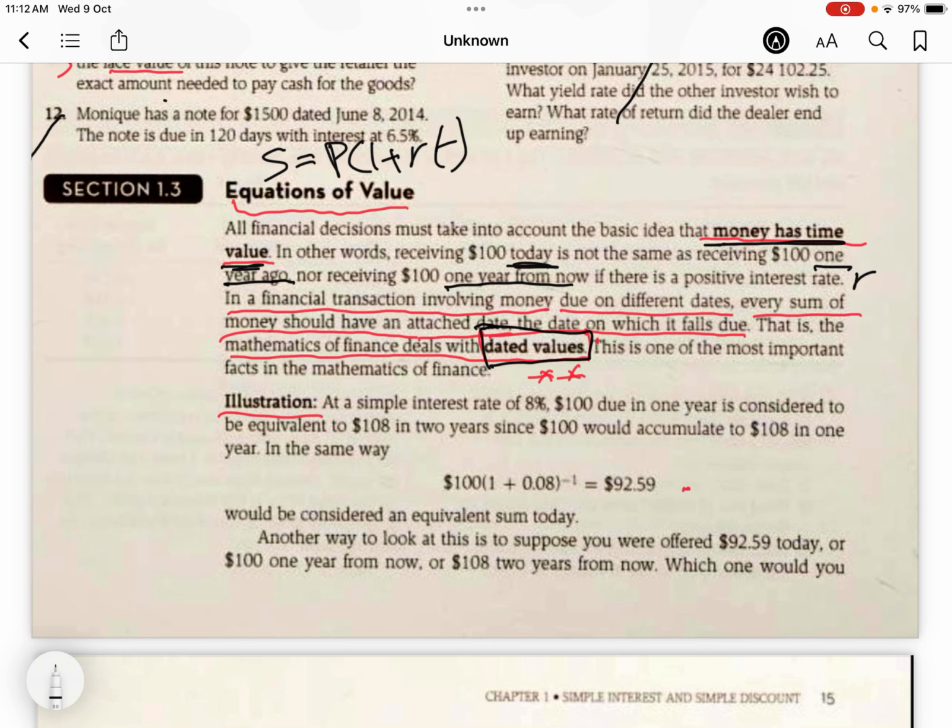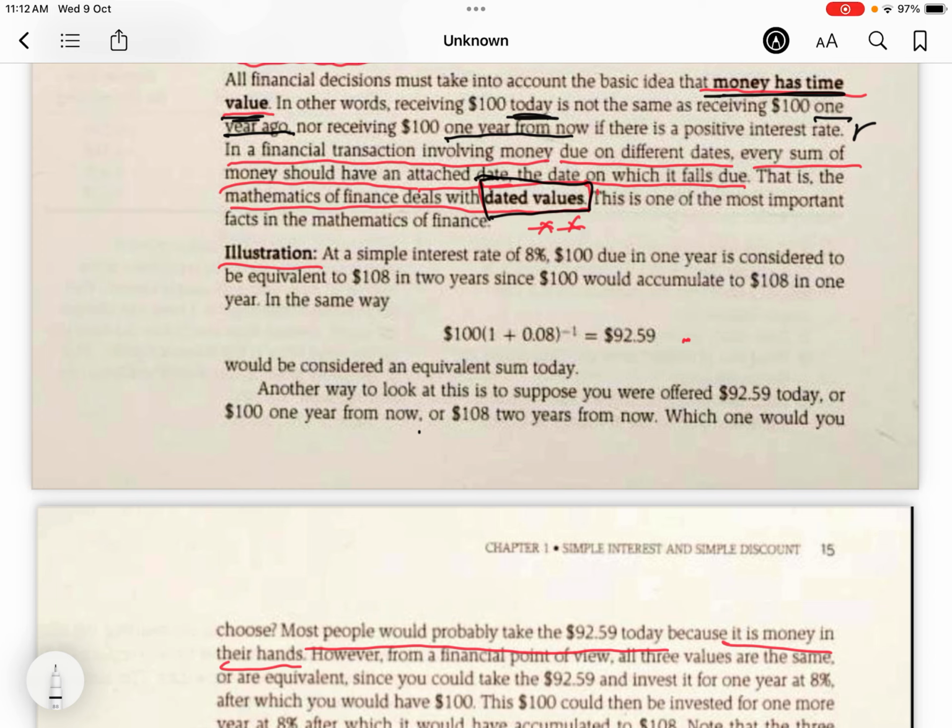Another way to look at this is to suppose you were offered 92.59 today, or 100 1 year from now, or 108 2 years from now. Which one would you choose?